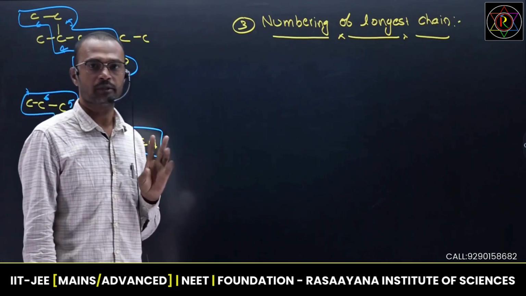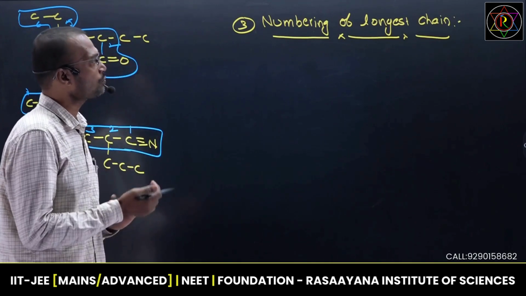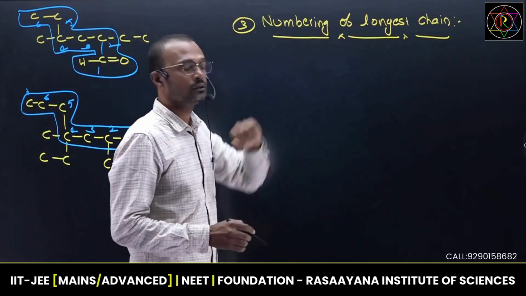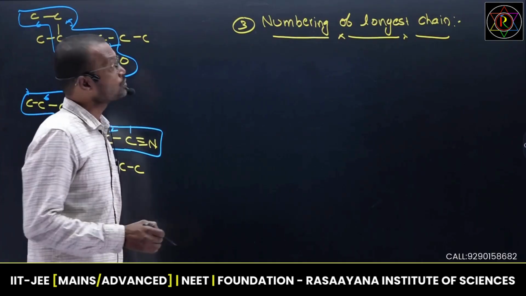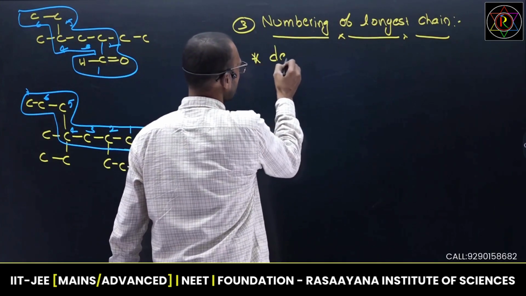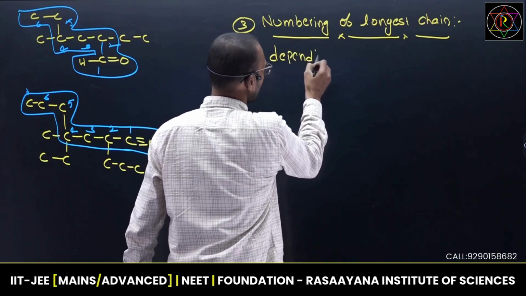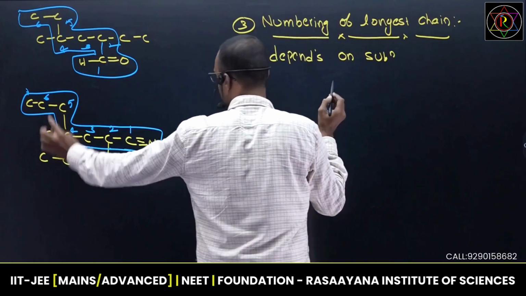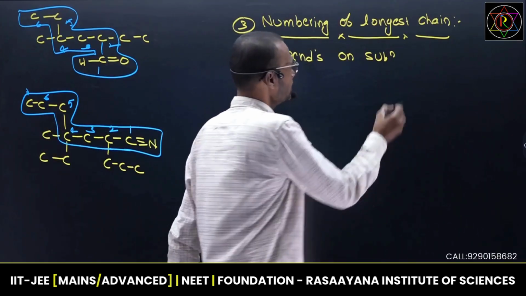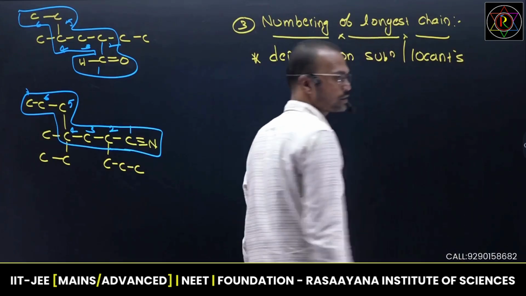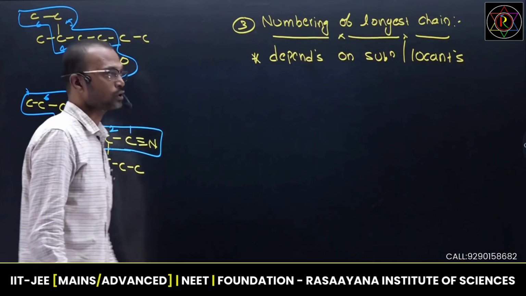Two selection points will be there. Now the third one: after selection of the longest chain or parent chain, how to give numbering? So numbering of the longest chain or parent chain depends on substitutions only. This is called substitutions. It depends on substitutions, also called locants, or second grade functional groups.